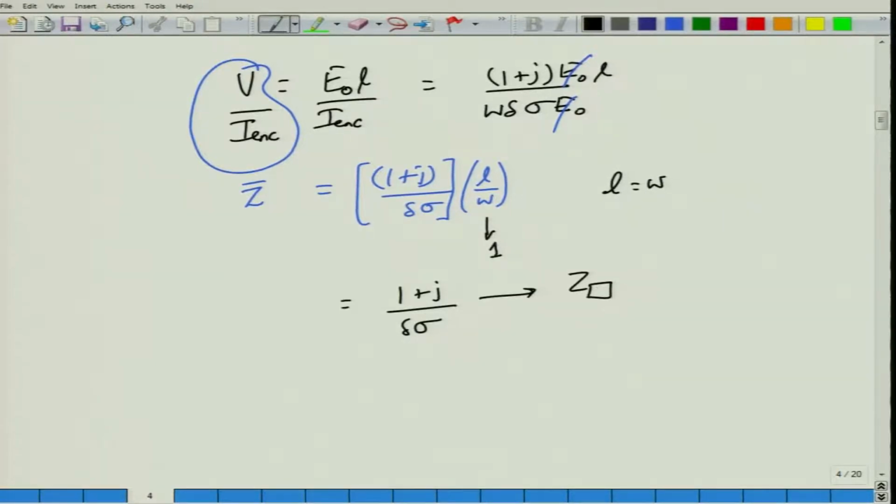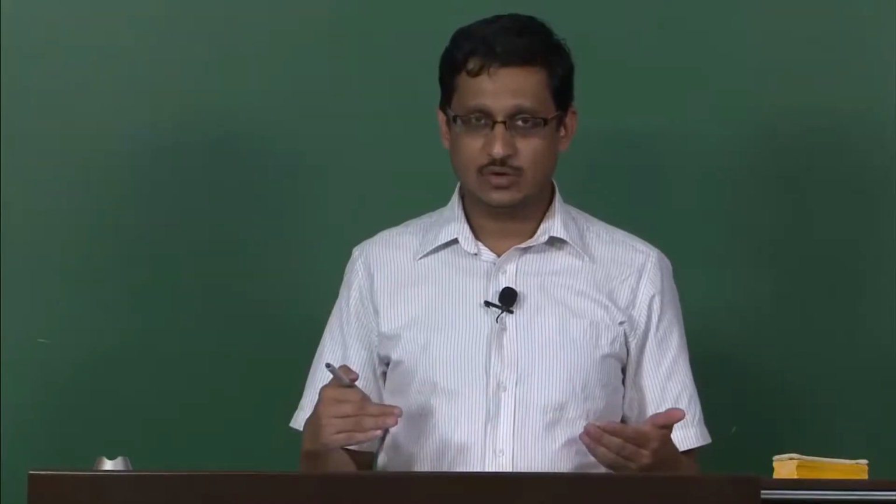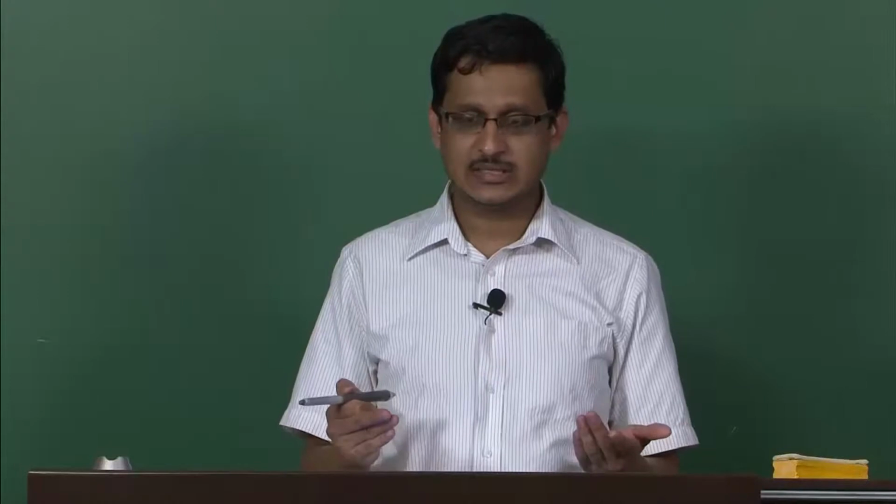And this square resistance is very important in VLSI or microelectronics areas, where you can actually calculate the resistance or the complex impedance of the materials or the interconnects by this idea.